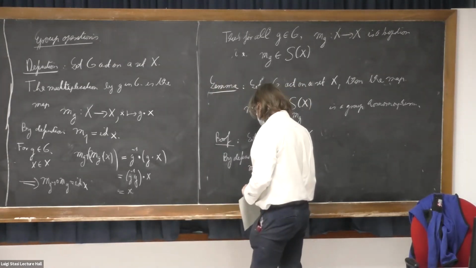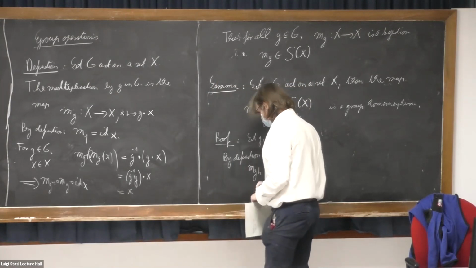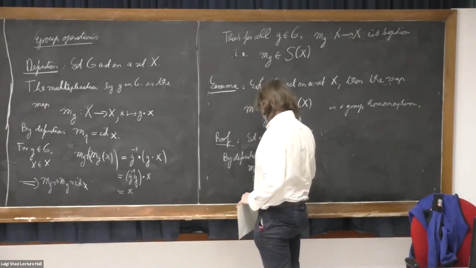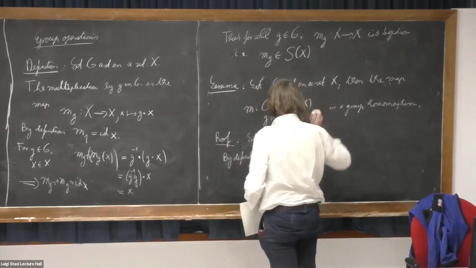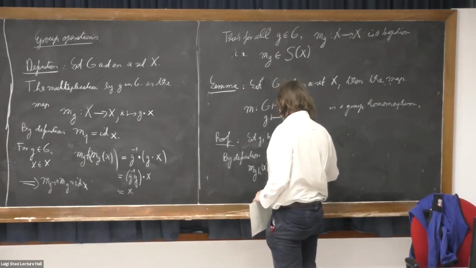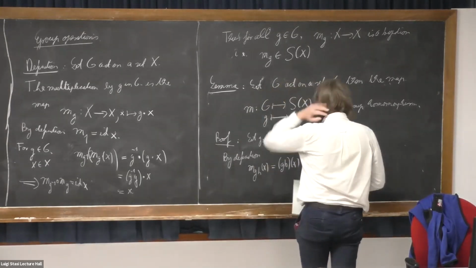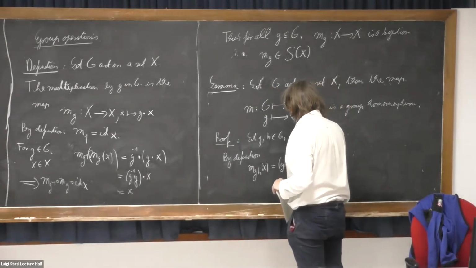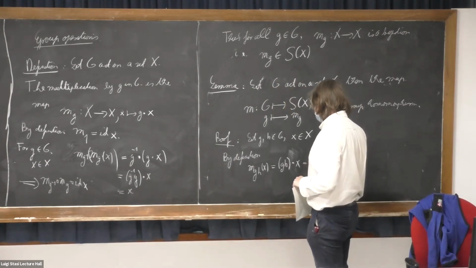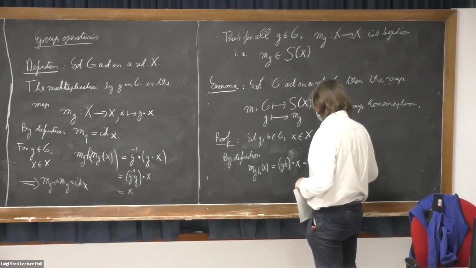If we take m of the product gh and apply to x, this is gh times x. This is g times hx.